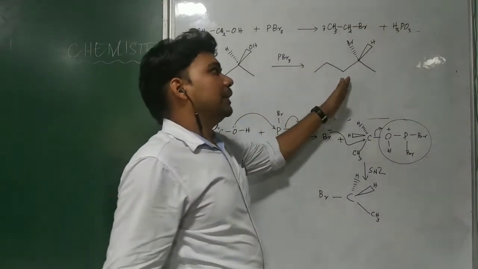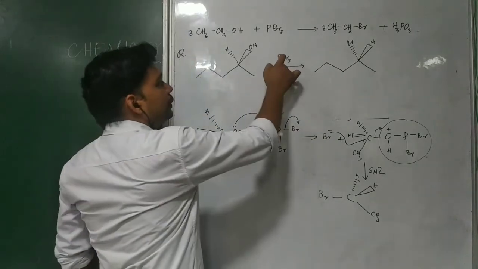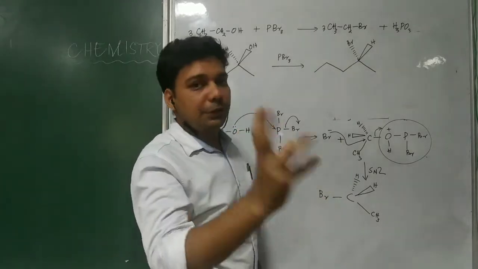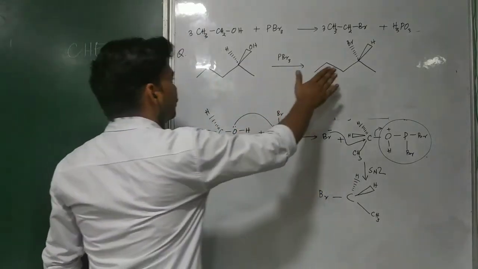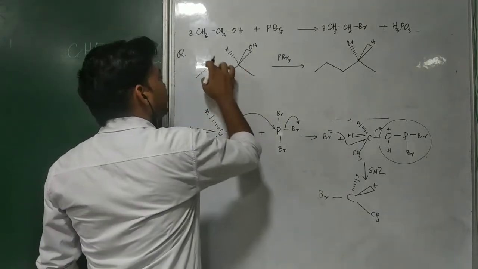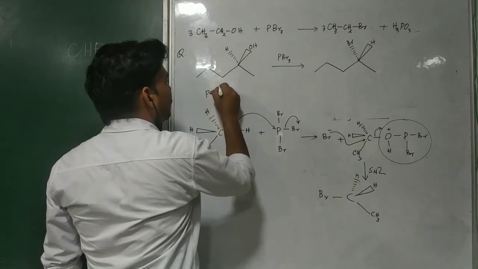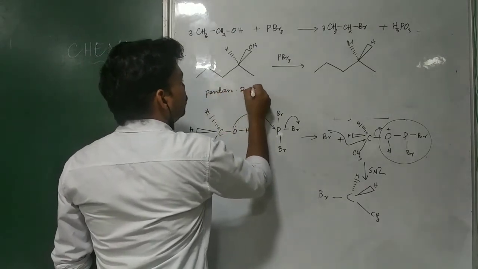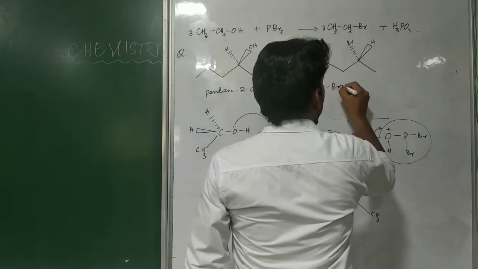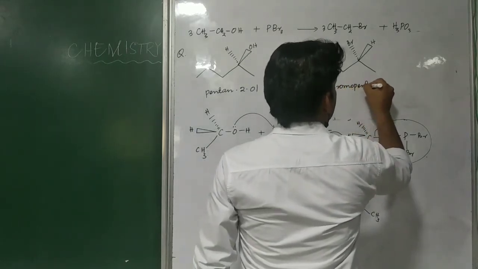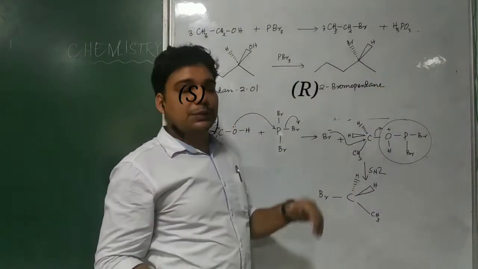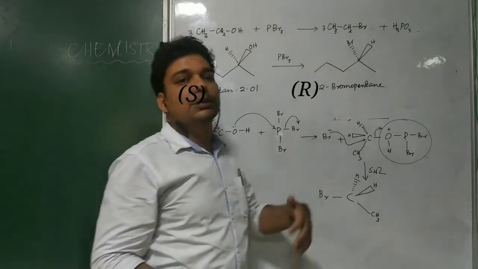So this is your final product. No doubt, we simply put bromine in the place of OH, but the configuration is to be inverted. This is 1, 2, 3, 4, 5, pentane, so this is 2-bromopentane. And just to have an idea about the configuration, we can use RS notation.